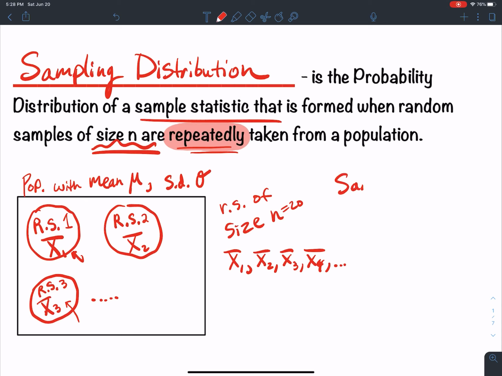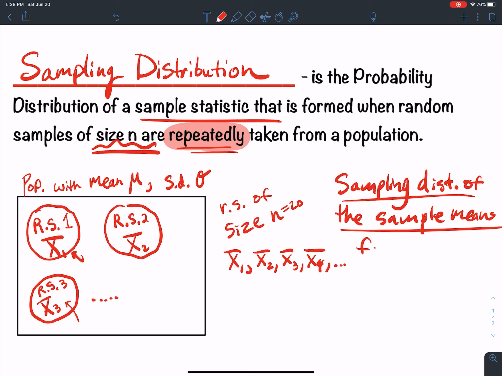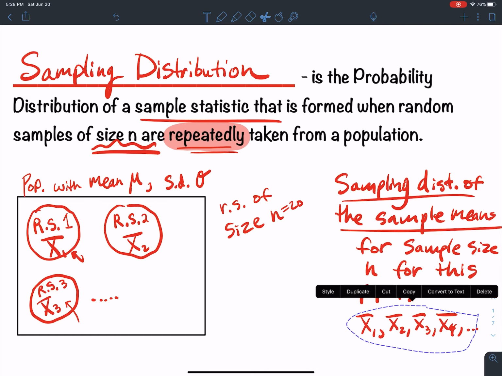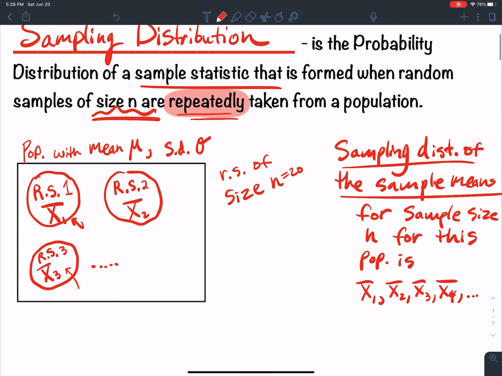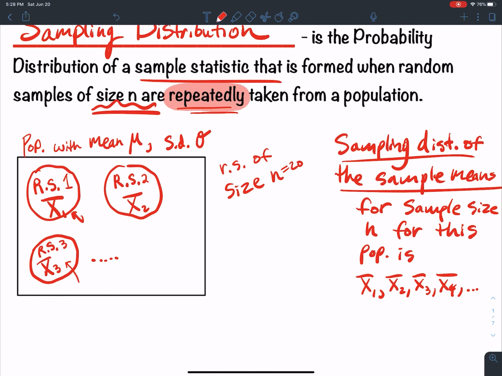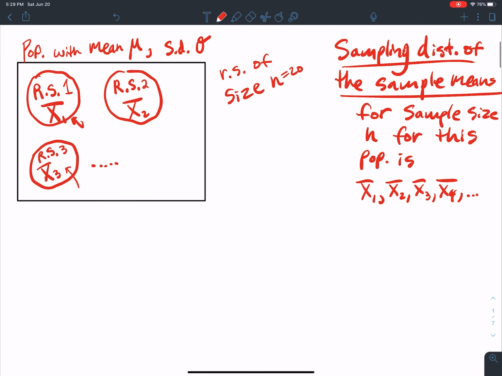So the sampling distribution of the sample means, for the sample size n for this population, is x bar 1, x bar 2, x bar 3. That's the population.